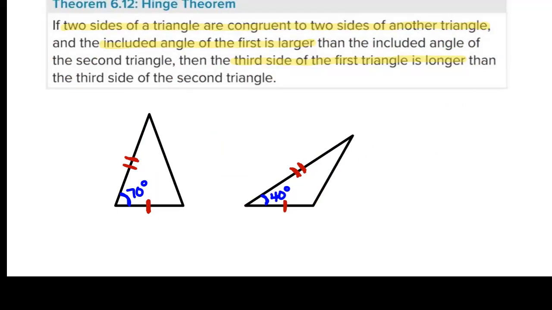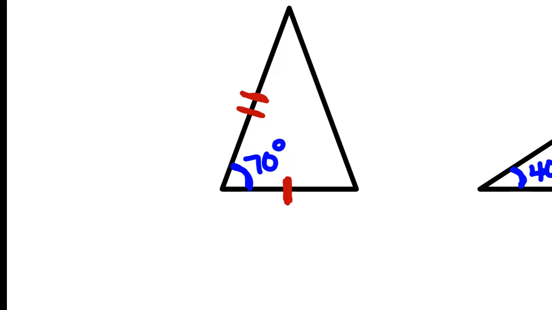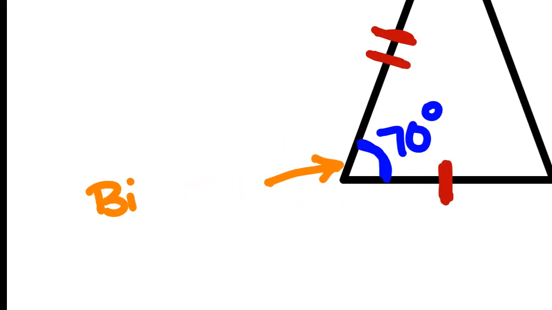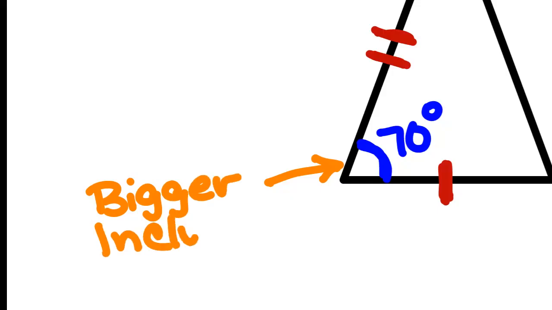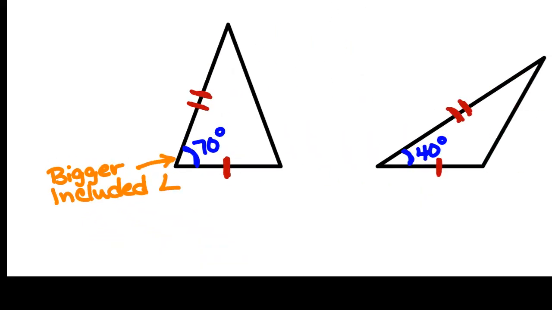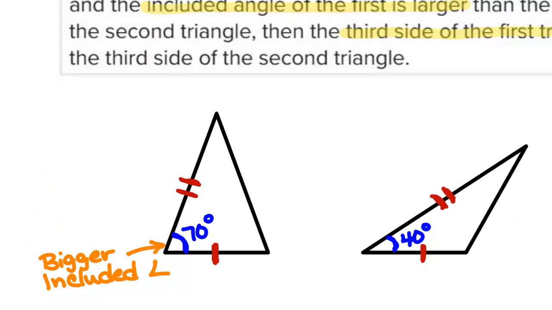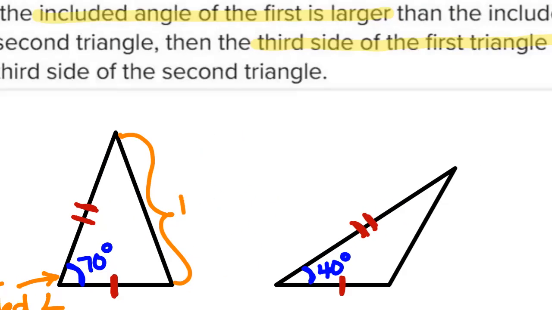Which triangle has the bigger included angle? The one on the left or the one on the right? Left. This right here is the bigger included angle. So that means this side right here would be the bigger third side.